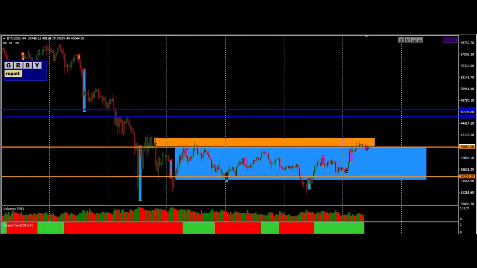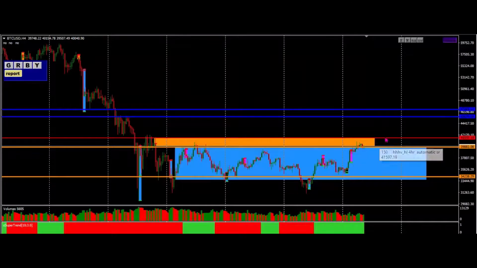So that tells us, based on the 4 hour, that if we get above this level, that means we've got beyond the sellers. Once we get beyond the sellers, then we don't have anything stopping us from continuing on up.